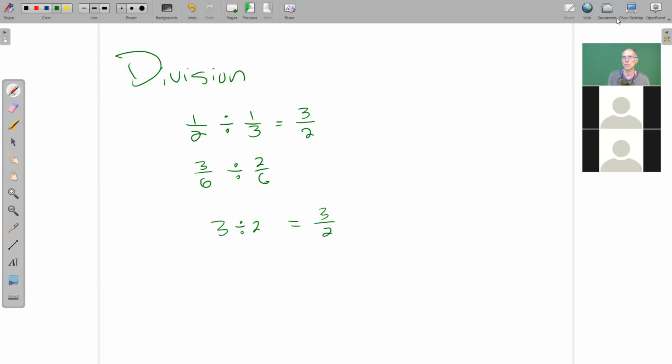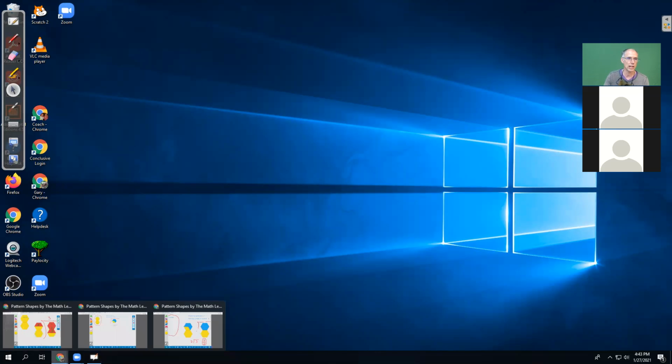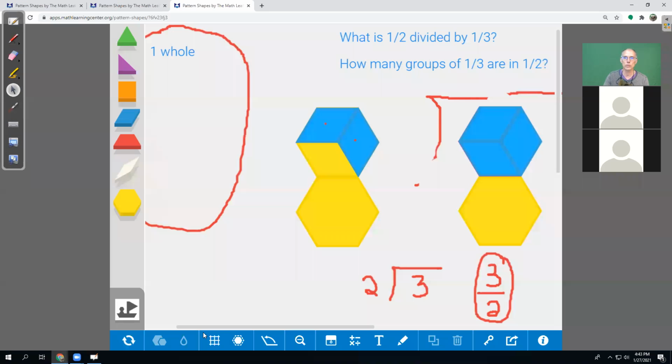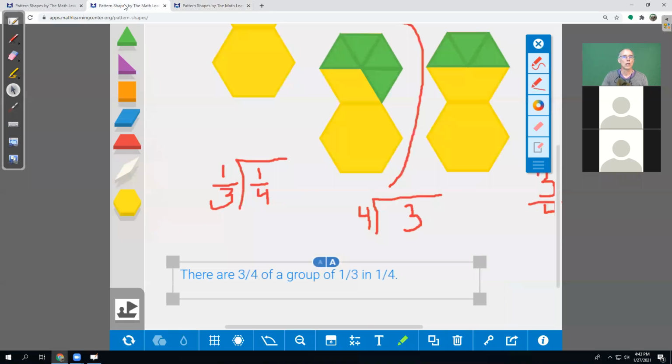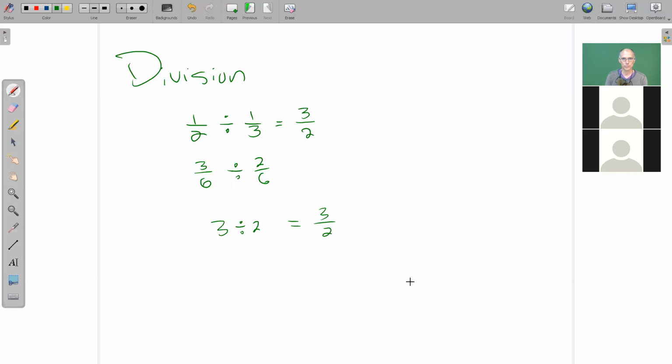Does that work all the time? Let's try it in another example that we did. One of the other examples we tried was what is 1/4 divided by 1/3? So let's try it there and see what happens. One-fourth divided by 1/3.